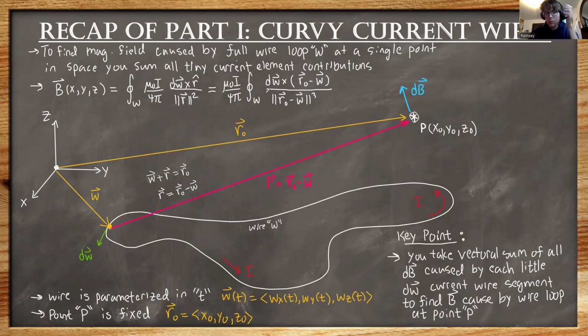So we could write it like this. You could write a program to do this numerically. Maybe for some wire parameterizations, there's an analytical way to take the integral and solve. But the idea is the same. You just take a small step dW, figure out what that point's contributing to the field, and then continue on until you're through the whole loop.